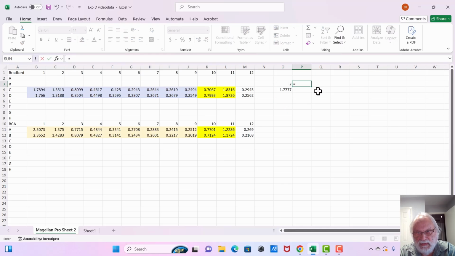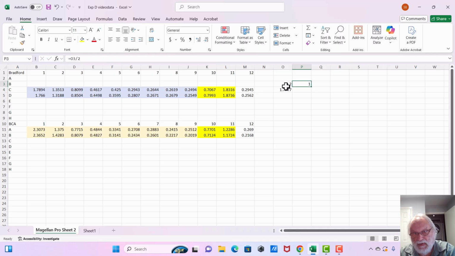Equal to this divided by 2. So it's this divided by 2 equals, and we'll take that all the way down to about here, I think. That's probably as far as it goes.